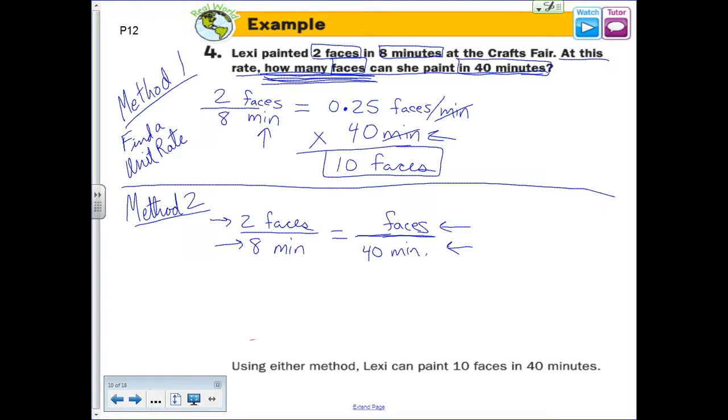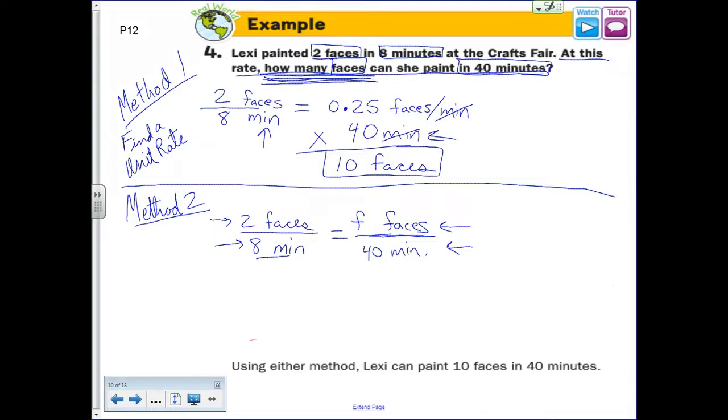If you can do 2 faces in 8 minutes, how many faces, we'll call it F faces, we're going to put in a variable because we're going to use algebra here, in 40 minutes. The way you solve a proportion and figure out what F is, is to cross multiply.